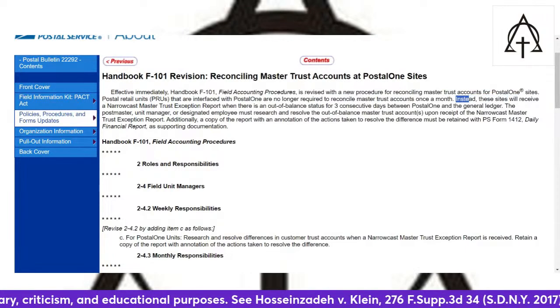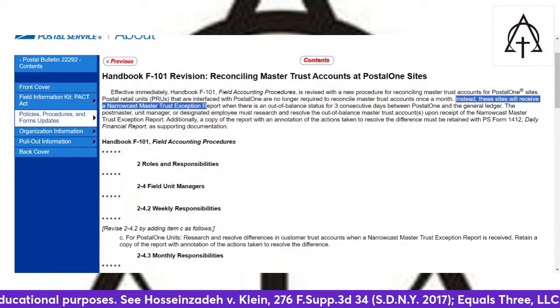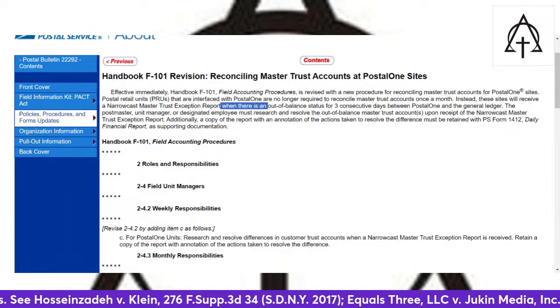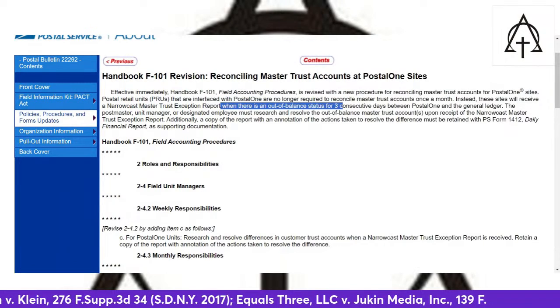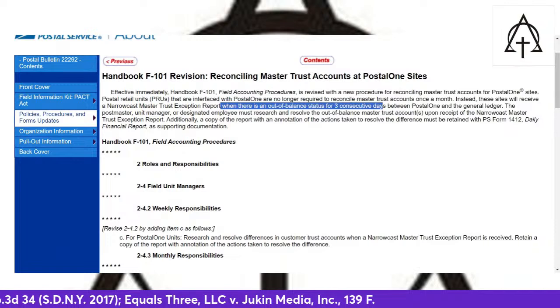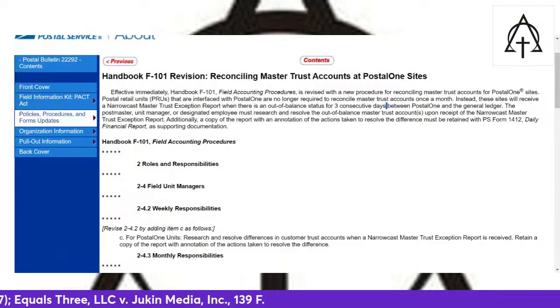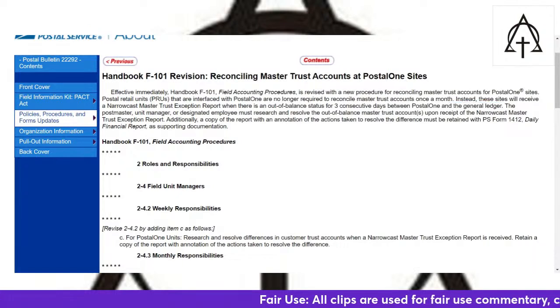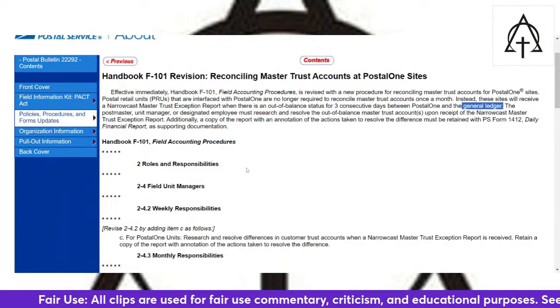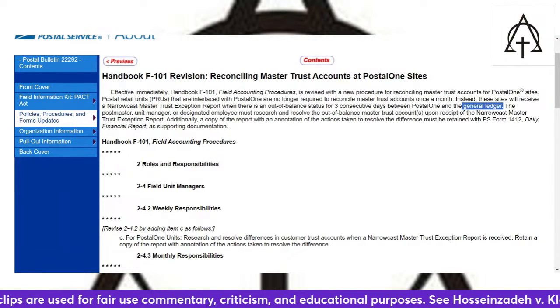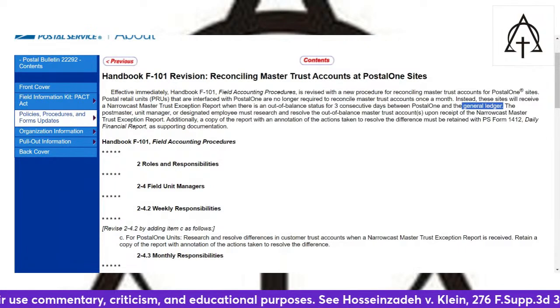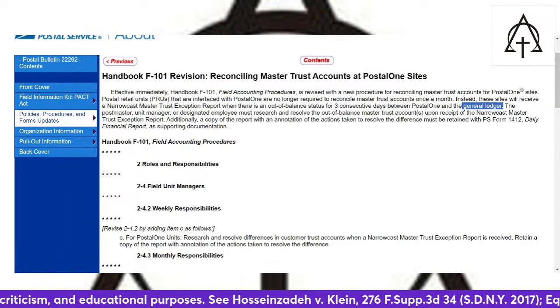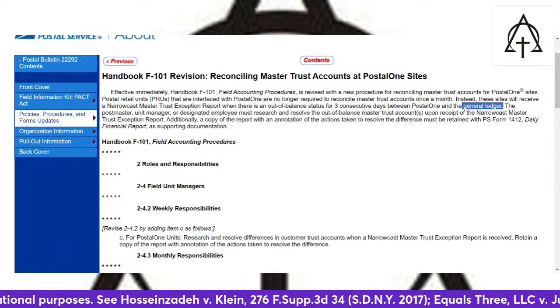Instead, these sites will receive a narrowcast master trust exception report when there is an out of balance status for 3 consecutive days between Postal One and the general ledger. Not the Treasury, not the administration, not the Treasury direct account, but the general ledger itself. Not any other accounting.